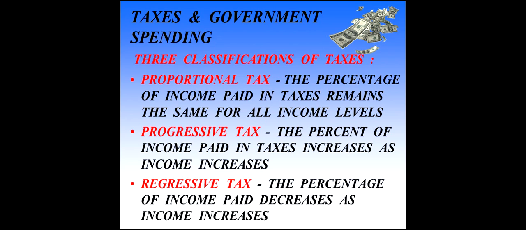So if you are below that income level for the year, you will pay into the fund for the entire year that you're earning your income. If somebody else earns income beyond what the cap is for the Social Security tax, once they reach that cap amount in terms of their income, they will stop actually paying into the system. So Social Security is an example of a regressive tax.